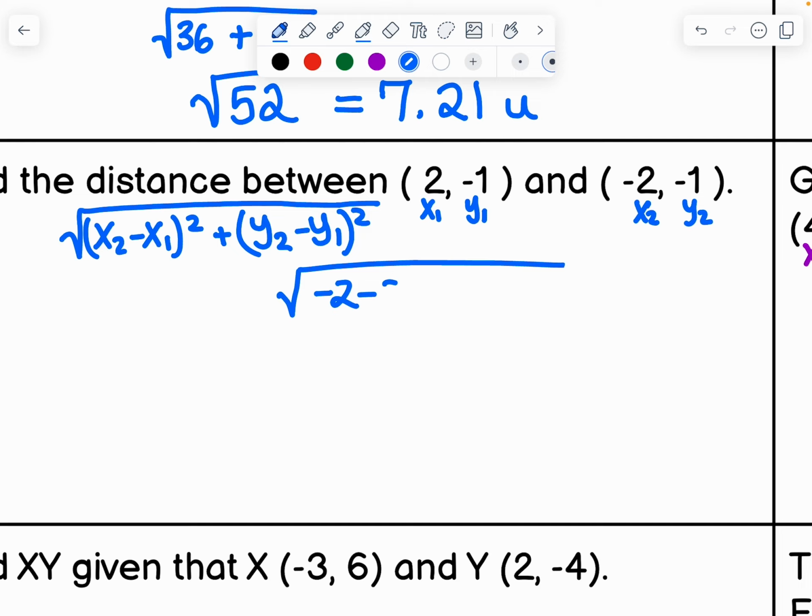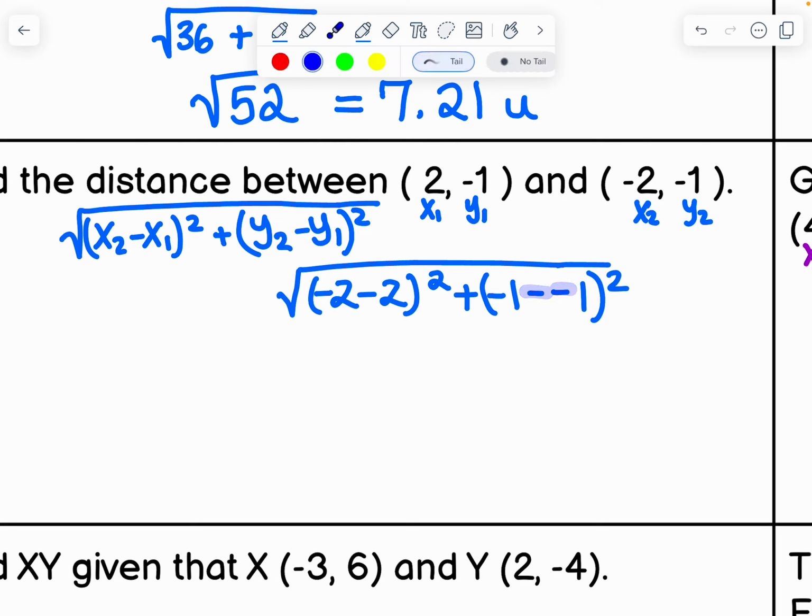Our formula says we have to subtract, so we're going to go minus what? Our x1, which is 2, squared, plus y2, and our y2 is negative 1, minus y1, which is negative 1, squared.